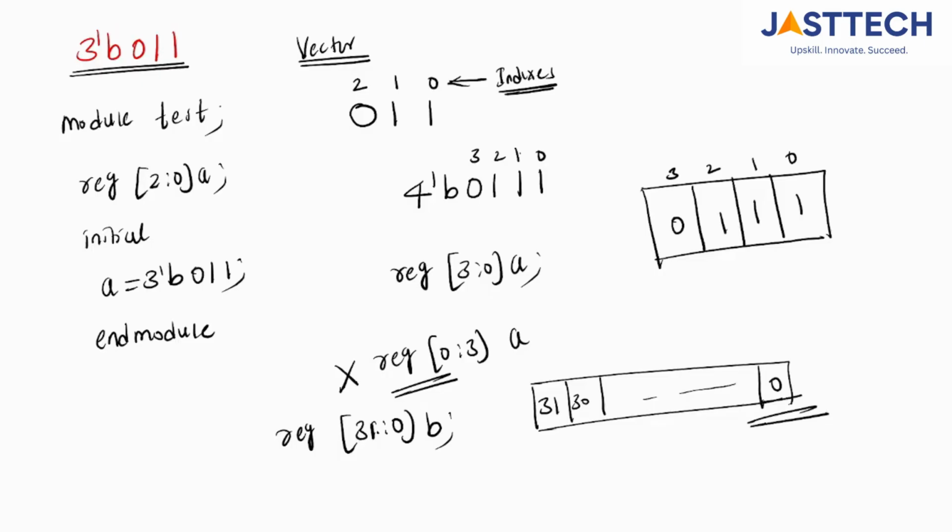Suppose next I want to store a 6-bit value. How will I declare it? reg [5:0] m.